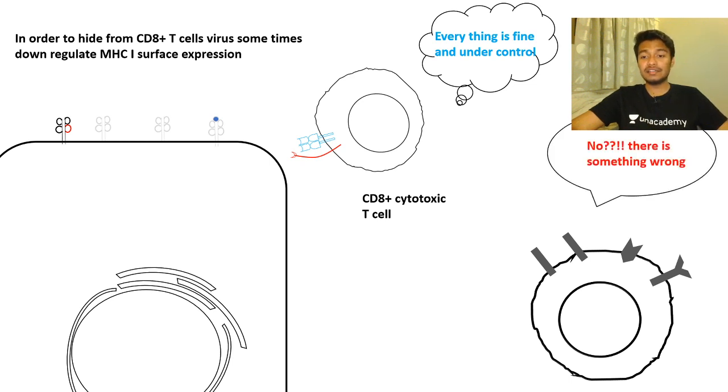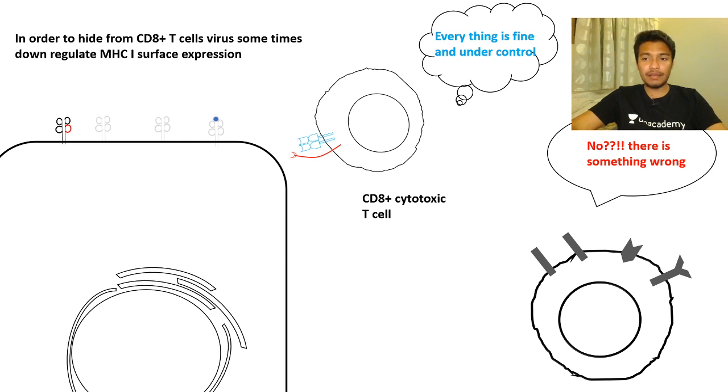But here is the fail-safe mechanism, which is the natural killer cell. Natural killer cells are clever. They know that every cell of our body should express class 1 MHC molecules. Any epithelial cell, any liver cell, etc. can express the class 1 MHC.